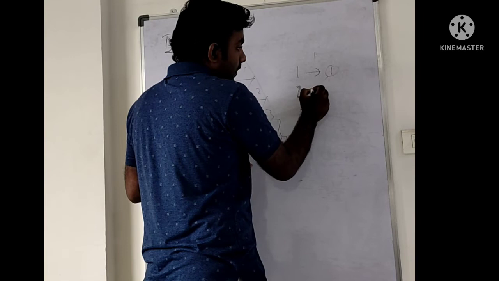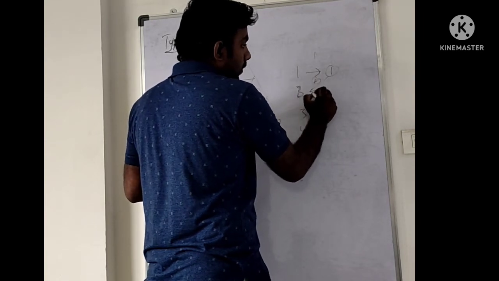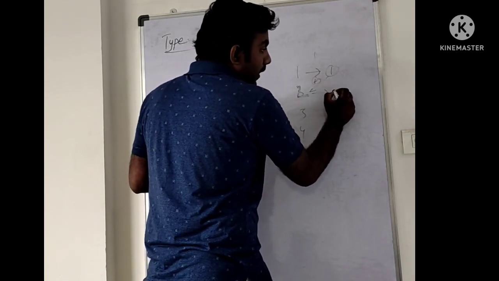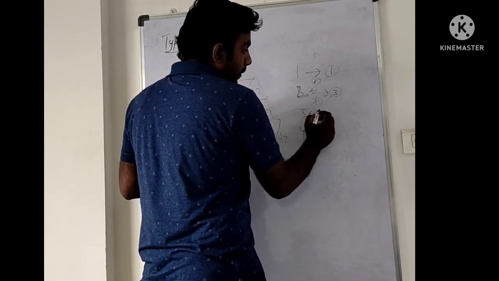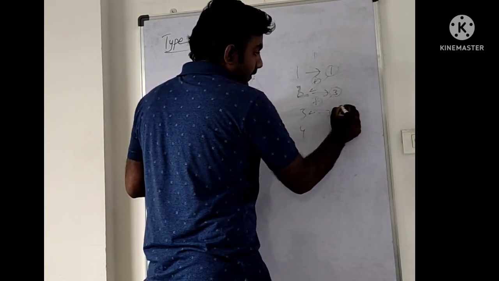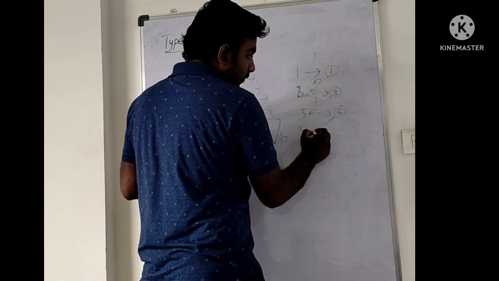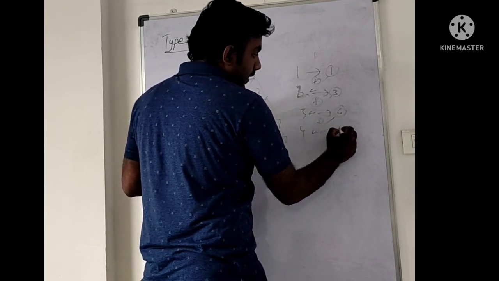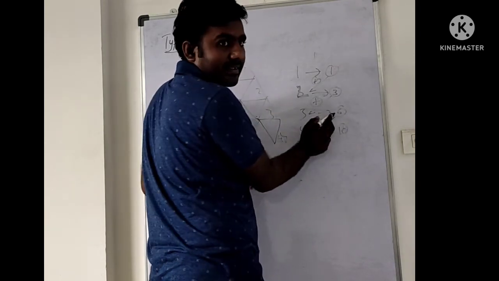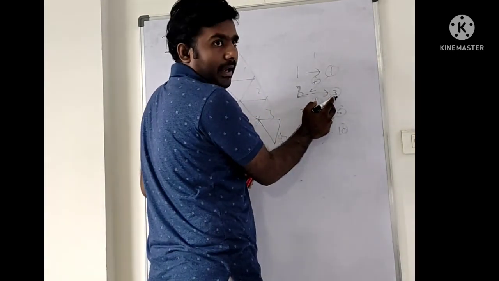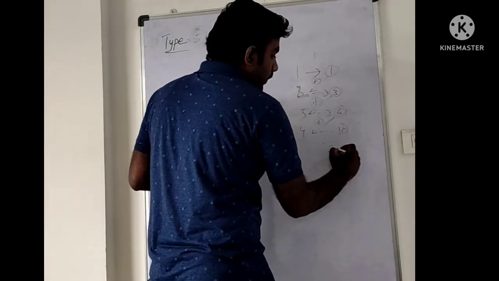We can add 1 plus 2 and write 3, and 3 plus 3 and write 6. Then we add 6 plus 4 and write 10. Total how much? 10 plus 6 is 16, 19, 20.